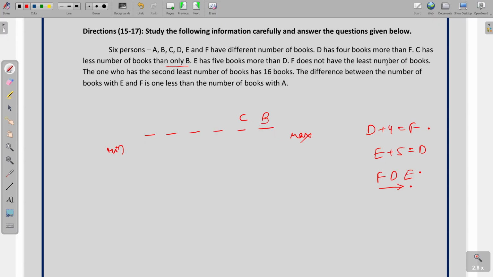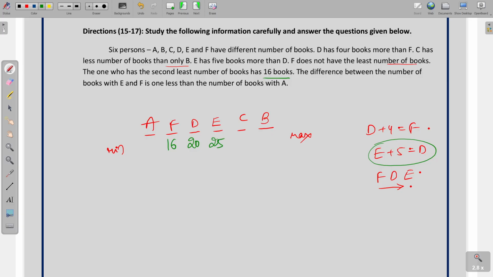Next, F does not have the least number of books, so F is not placed here. So F, D and E. The remaining person A is placed here. The one who has the second least number of books has 16 books. F has 16 books. So if F has 16 books, D has 4 books more than F, then 20. E has 5 books more than D, so it is 25.